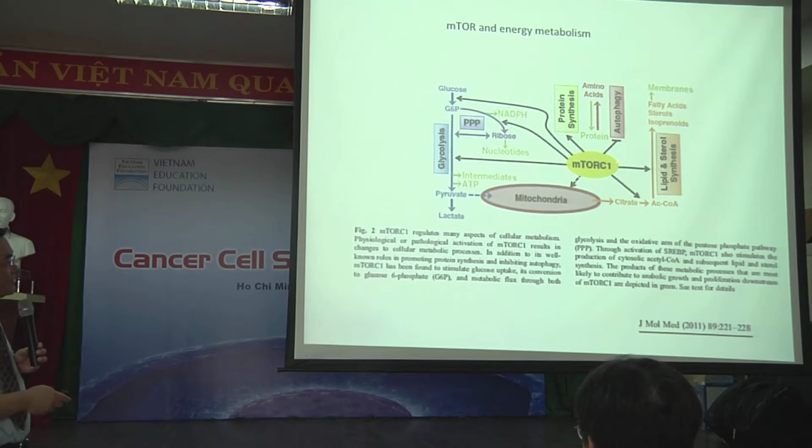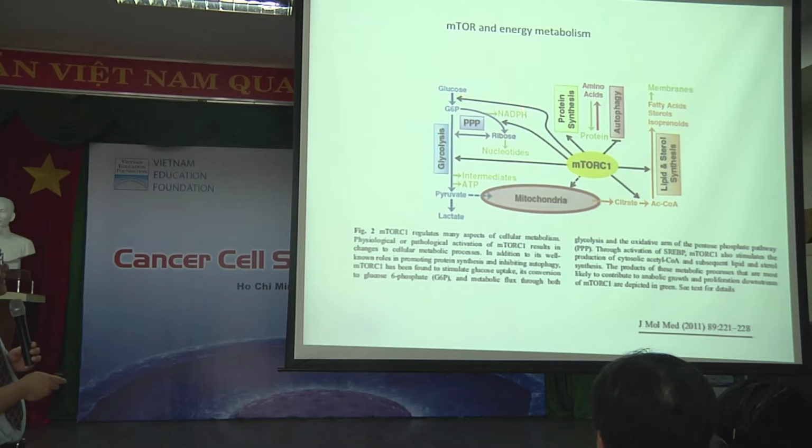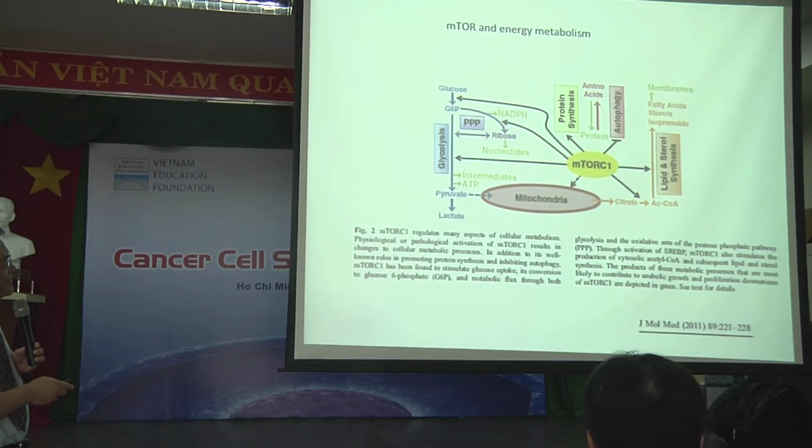mTORC1, I'm going to introduce you to some of the regulation involved in lipid regulation, lipid metabolism. mTORC1 we talk about, the mTOR will regulate AKT and it causes the glucose uptake. And then involving PPP, the pentose phosphate group, and then involving glycolysis to produce more pyruvate, so this will be able to go to the TCA cycle.